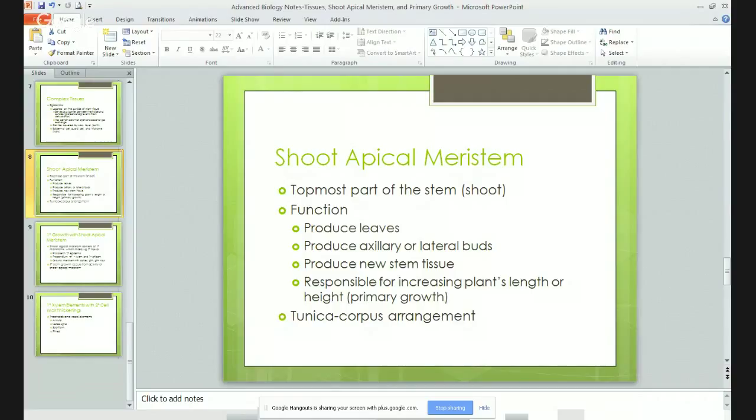Okay, so now your shoot apical meristem, if you were to look at it under the microscope, it would be in what's known as a tunica corpus arrangement, and I've drawn that for you on your diagrams. It's just kind of this dome-shaped structure. You've got a few layers of cells, about 2 or 3 layers of cells, and that makes up the tunica portion.